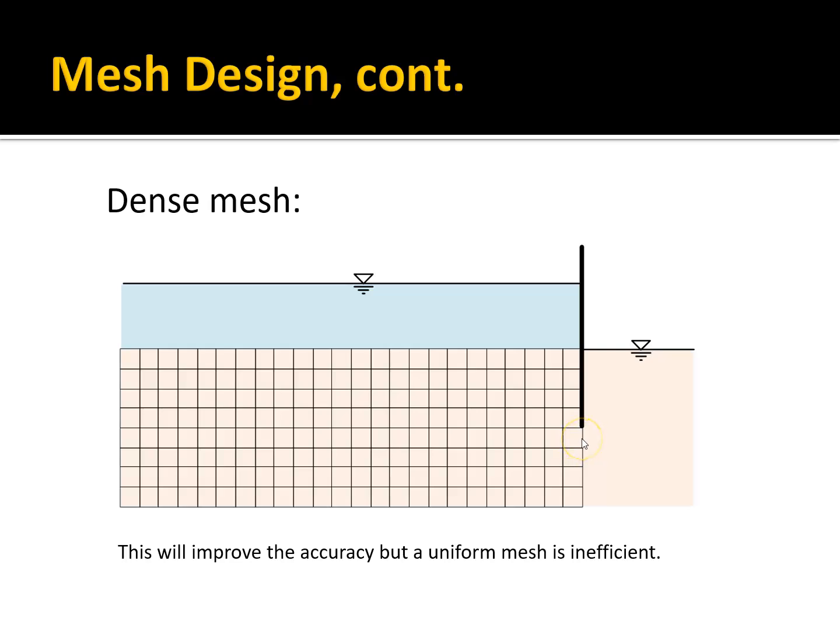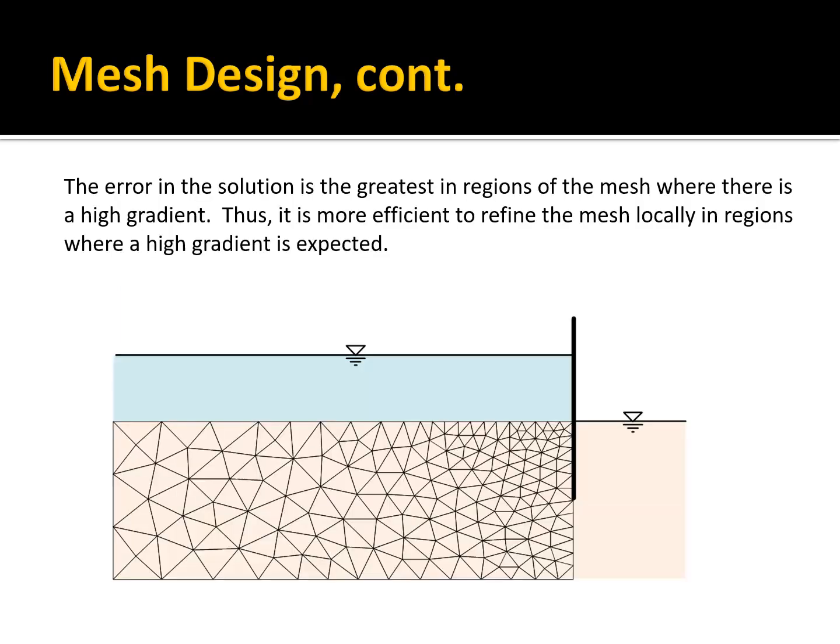And in general, you want your smallest elements to be concentrated where your flow is the greatest. One of the beautiful things about a triangular mesh is it's very easy to adjust the mesh density right here where most of your flow occurs, and then you can use larger elements over here where you don't need as much accuracy.